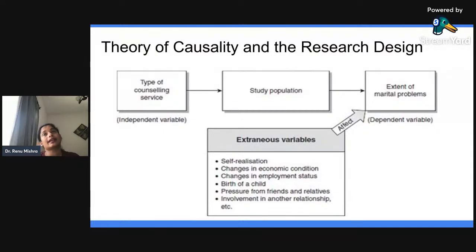If any one of you is trying to understand the impact of fertilizer A on the crop of wheat in a particular season, it's very simple: fertilizer is an independent variable, and the wheat crop is the dependent variable.